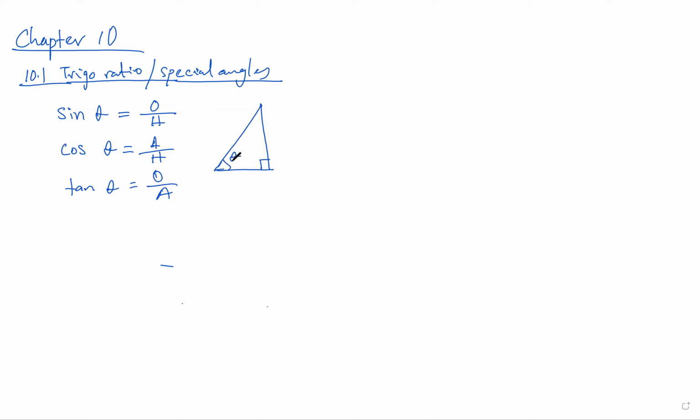So if this is your theta, then this becomes your opposite side because it's opposite to your theta. Opposite to your right angle is your H, and the remaining is your adjacent. Okay, so this is a basic thing that you have learned.